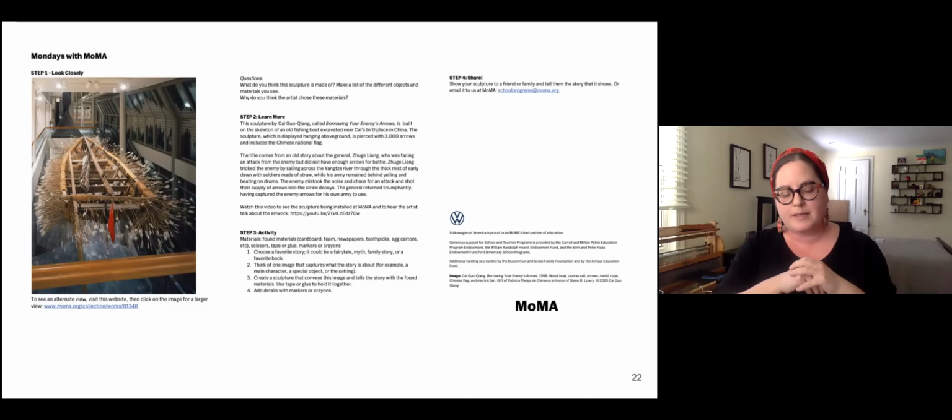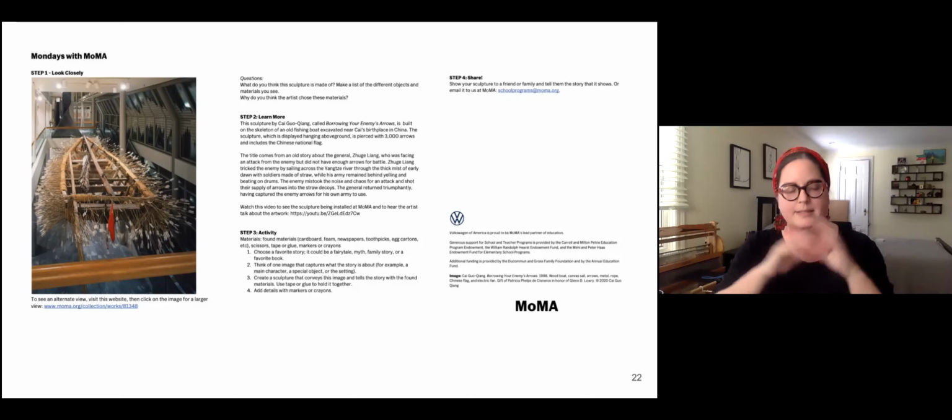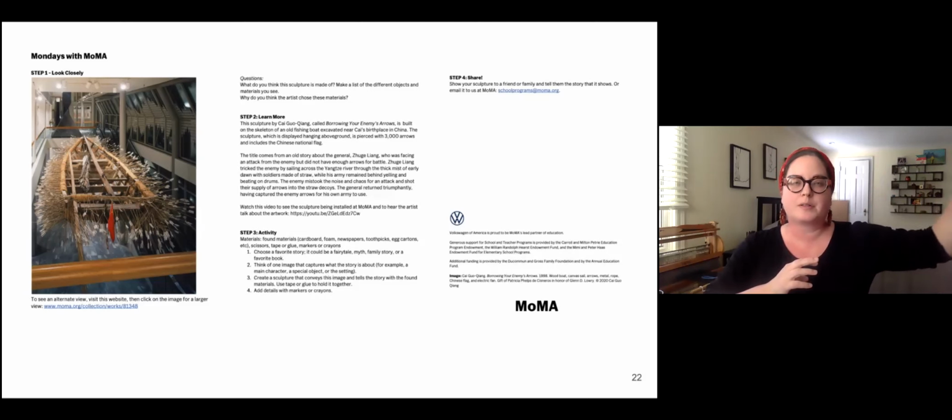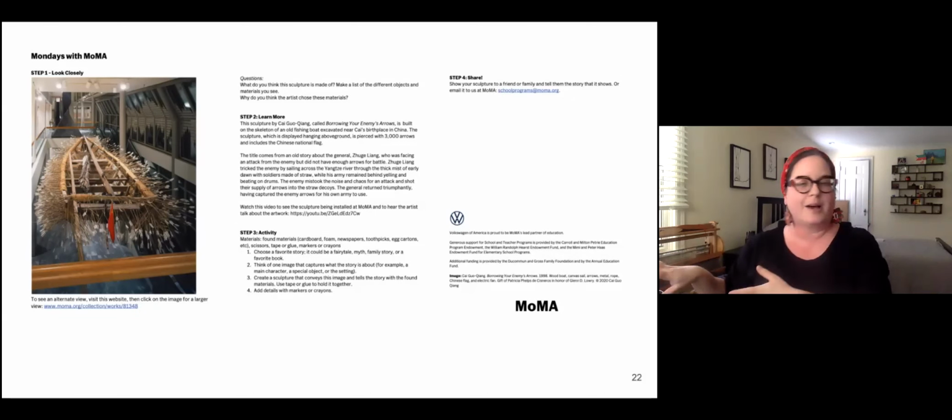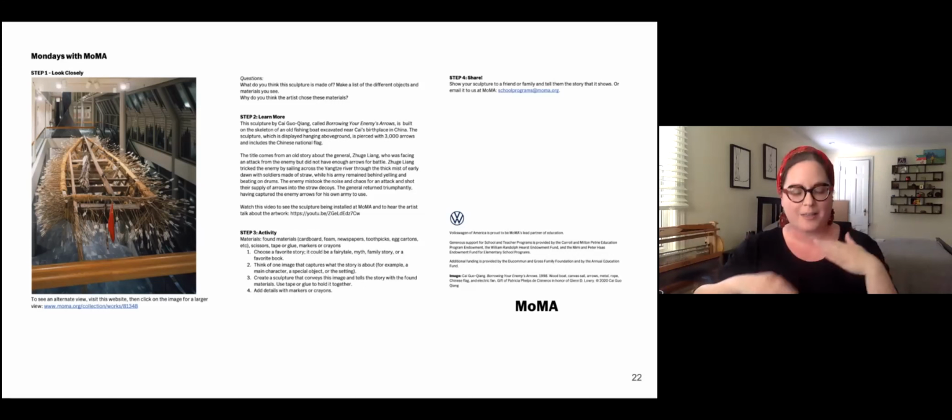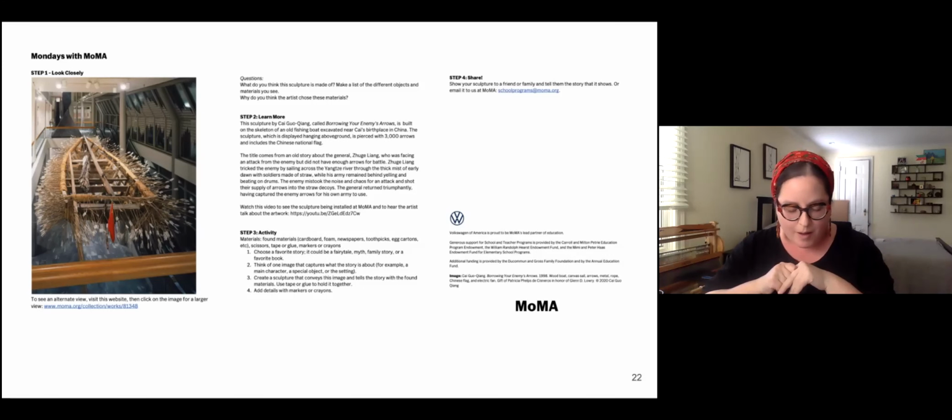But the theme does give that continuity, because you don't want to have the questions be about the artist process and then the activity be completely not about that. That has to kind of all tie together and feed into each other.